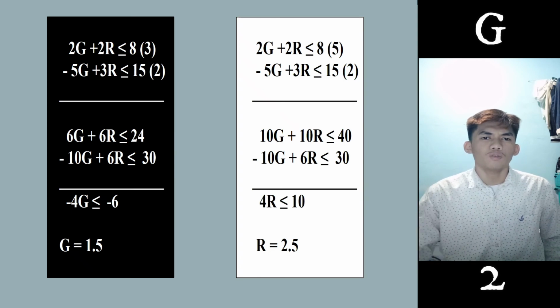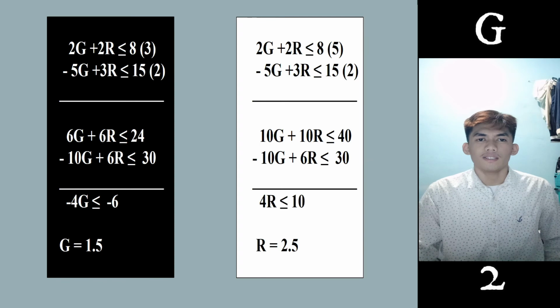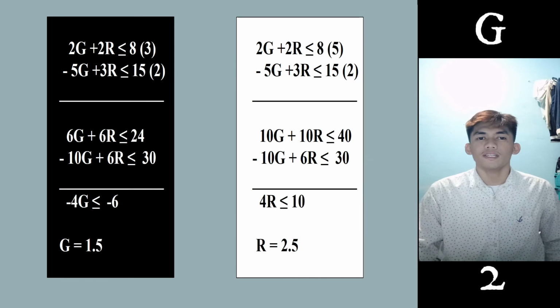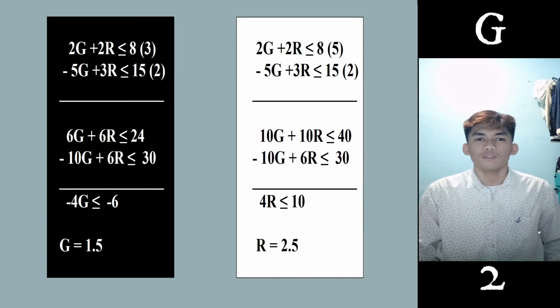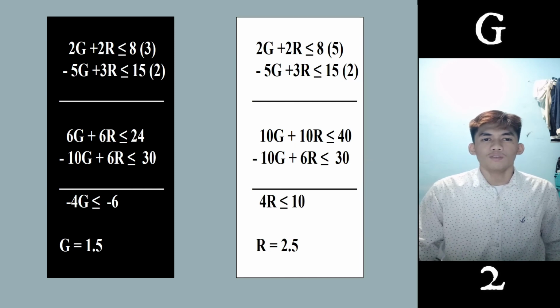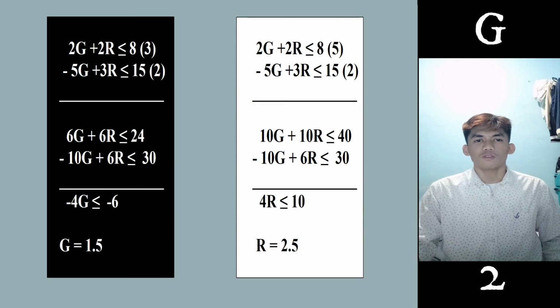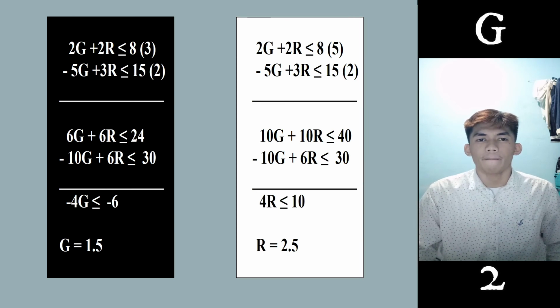The given 2g plus 2r less than or equal to 8 must be multiplied by 3, and the 5g plus 3r less than or equal to 15 is multiplied by 2. We have done this because this will enable us to cancel the r. And now, let us solve it.